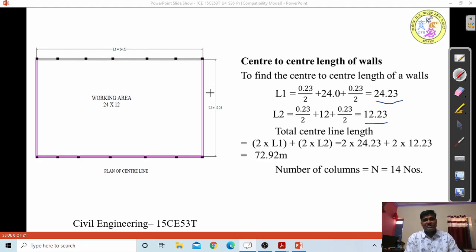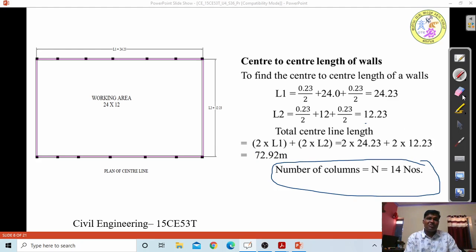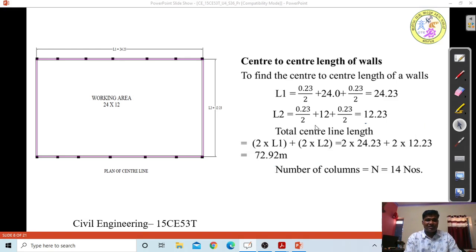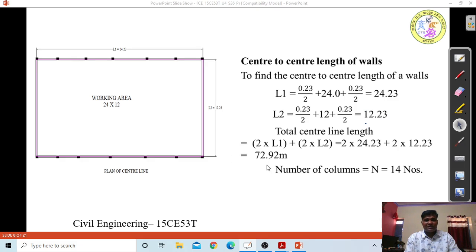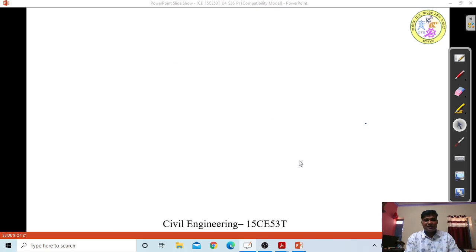So this is 2 numbers and this is 2 numbers, which will give me the center line length of 72.92 meter as the total center line length of the wall, and there are 14 numbers of columns in between, which has to be deducted when I calculate masonry, which we will do in the tabular column. So finally the center line length is 72.92 meters.